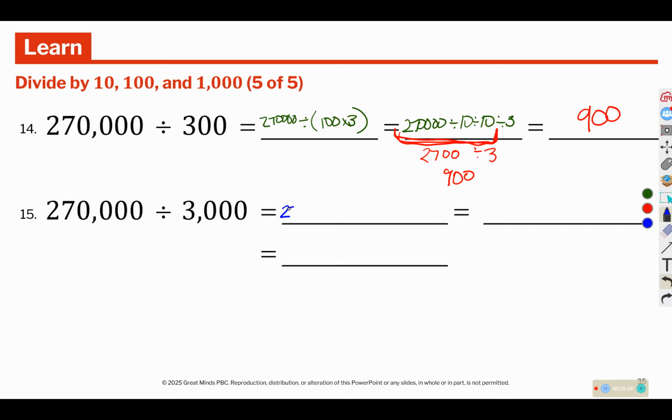We have 270,000 divided by 3,000. 3,000 is 1,000 times 3, and 1,000 is 10, 10, and 10.